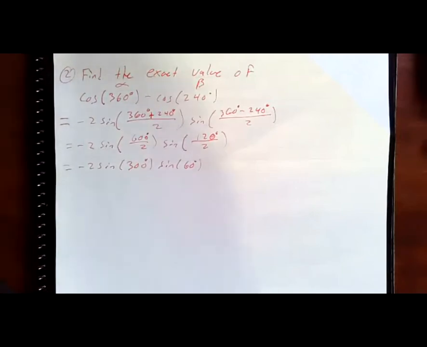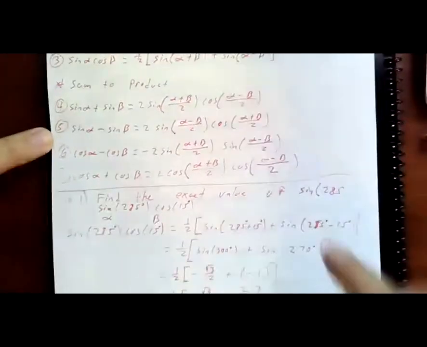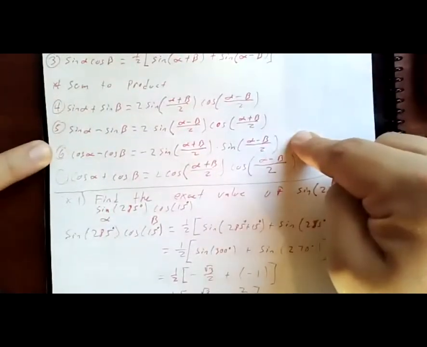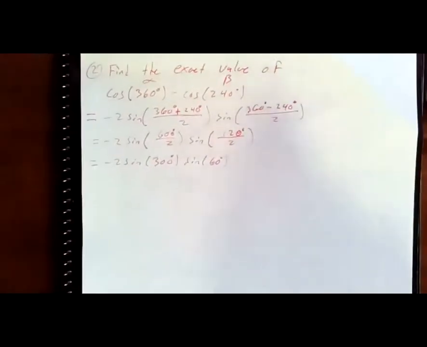Let's look at them just to be careful. In our question, we had cosine minus cosine. So let's look at the one that has cosine minus cosine. That's number 6. Oh, okay, now I see it. Thank you. So just apply the formula. Once you're done, you use the circle to help you out. That'll be pretty much 90% of the questions for 8.7.